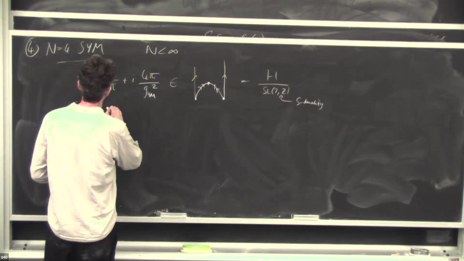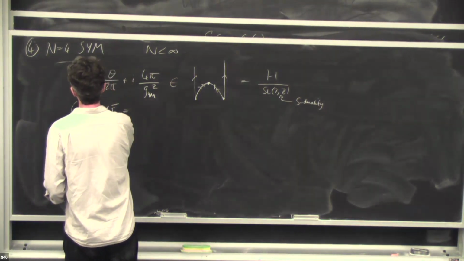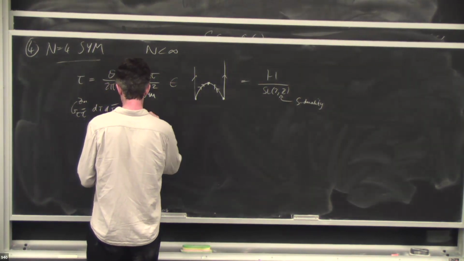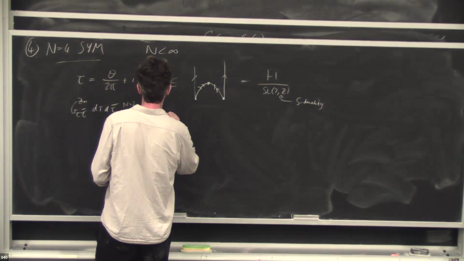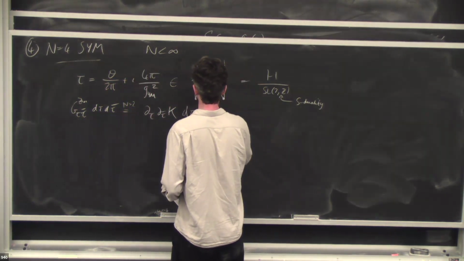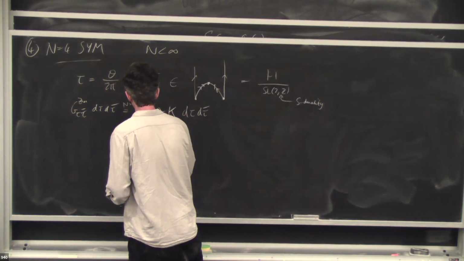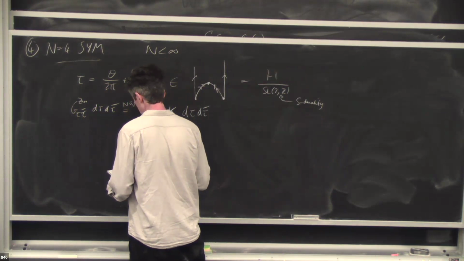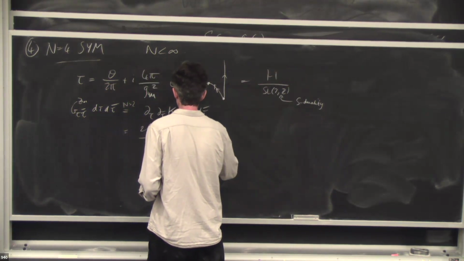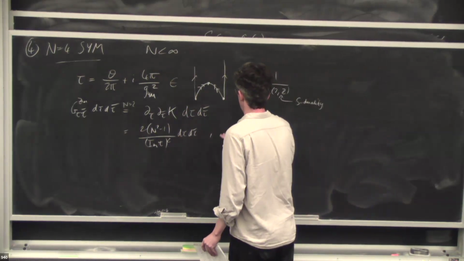So you can really think of folding this up, making this some space. As for any N equals 2 theory, the Zamolodchikov metric is Kähler, which follows from N equals 2. So it takes this form in terms of the Kähler potential K. And in this case, it's given by 2(N squared minus 1), where N is the number of colors, divided by the imaginary part of tau squared, dτ dτ-bar.